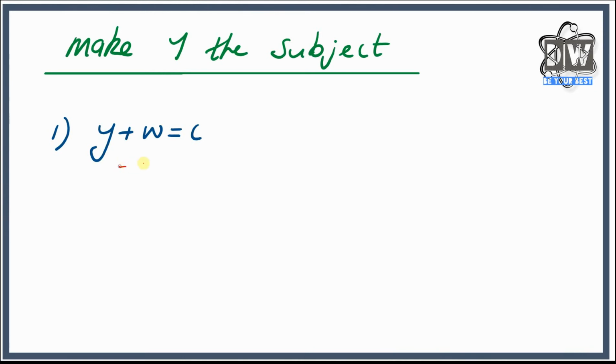I can subtract w away, and as long as I subtract w away, it will leave here and it will reappear over here in its inverse form, which is minus. So I'll have y equals c minus w, and that makes perfect sense, doesn't it? That y plus w equals c, so therefore y equals c minus w makes perfect sense.